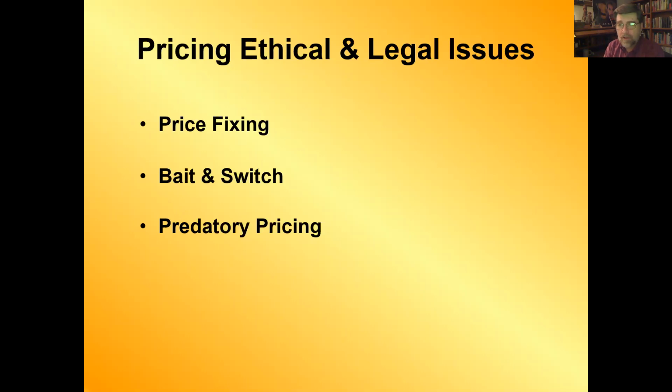This is what free enterprise is all about. And we like it as a society, because the customer will get the best deal. However, if suppliers are colluding, agreeing to not drop their price below a certain point, that's not good for consumers, and not good for the economy in general. So price fixing is illegal.